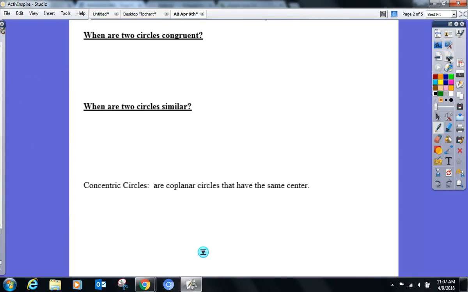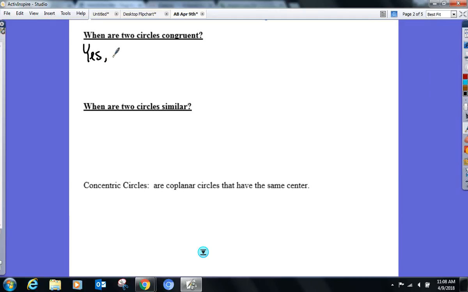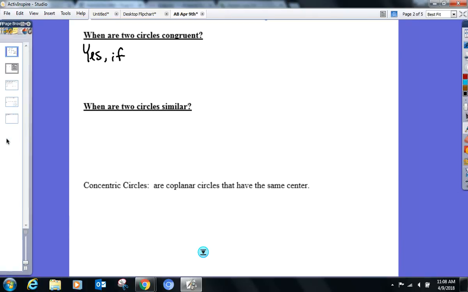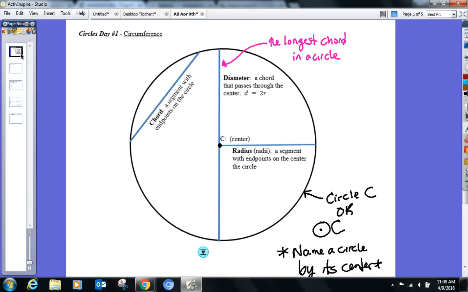Can 2 circles be congruent? What do you think? Yes, because not all circles are congruent. The radii are the same length.